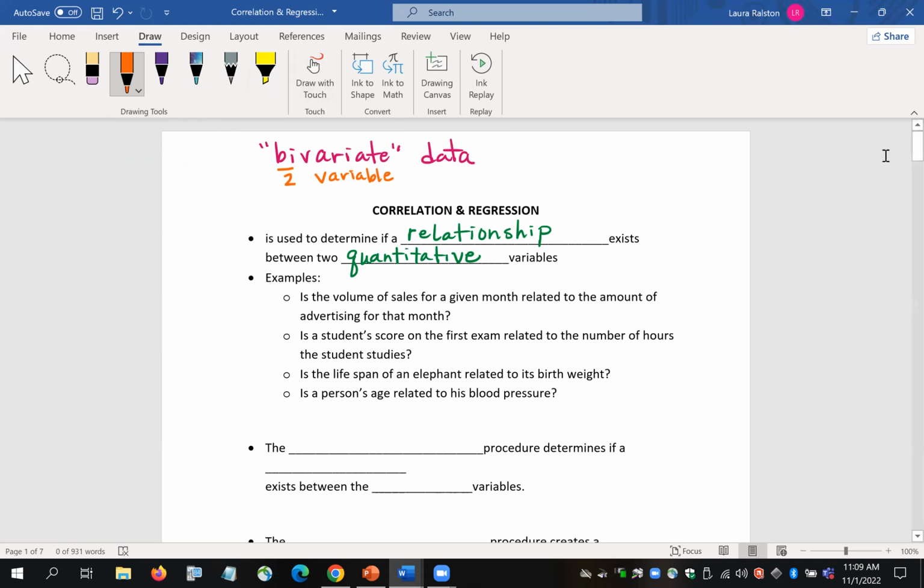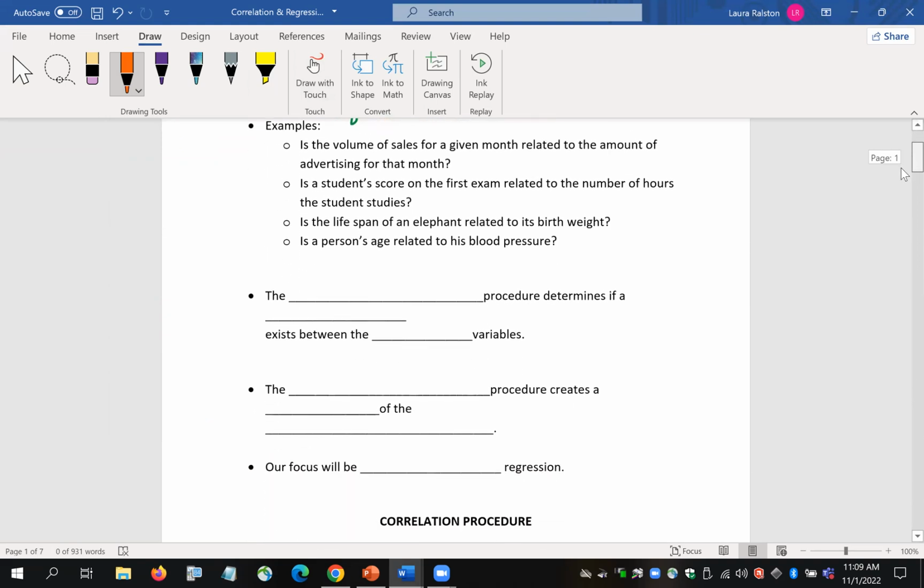So notice it's correlation and linear regression. So we actually have two different procedures or two different processes that we're going to go through. The correlation procedure determines if a relationship exists between the two variables.